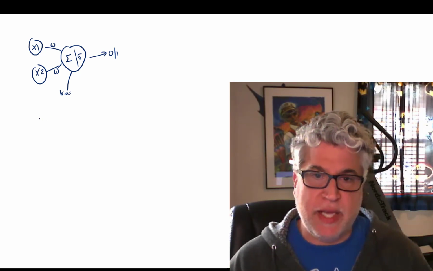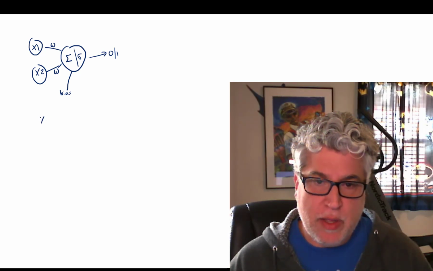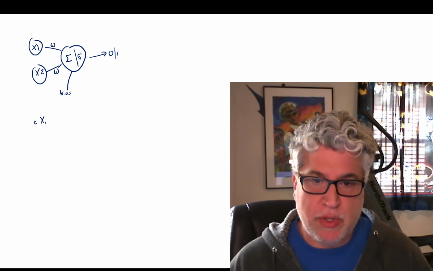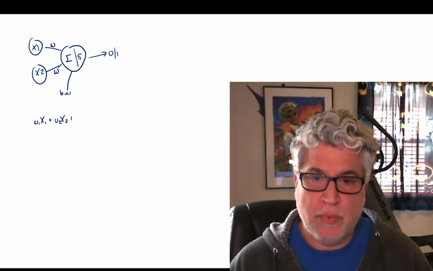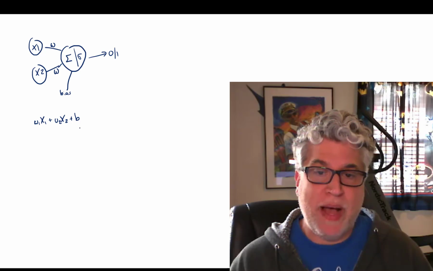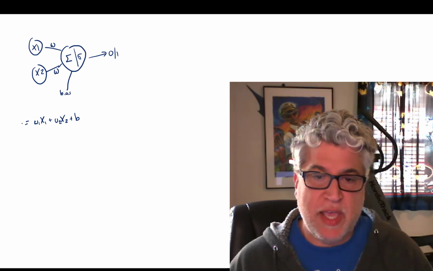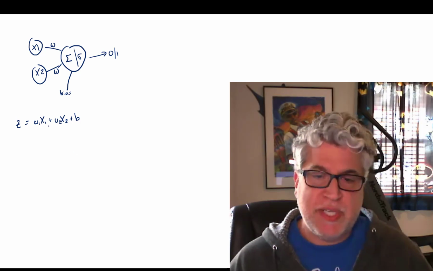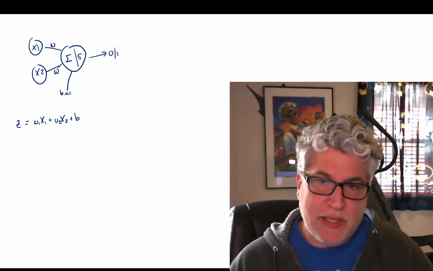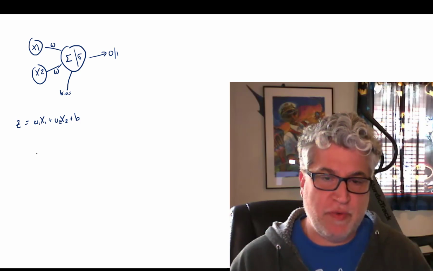So here's the idea. We're going to take x1 and weight it by w1. We'll take x2 and weight it by w2. We'll add on a bias, and we'll call this thing, let's say, z. The way the perceptron works is it has a stepwise activation function.